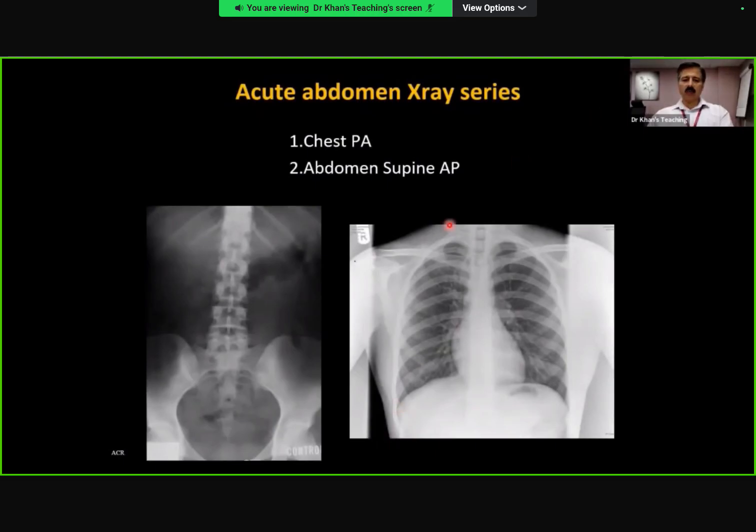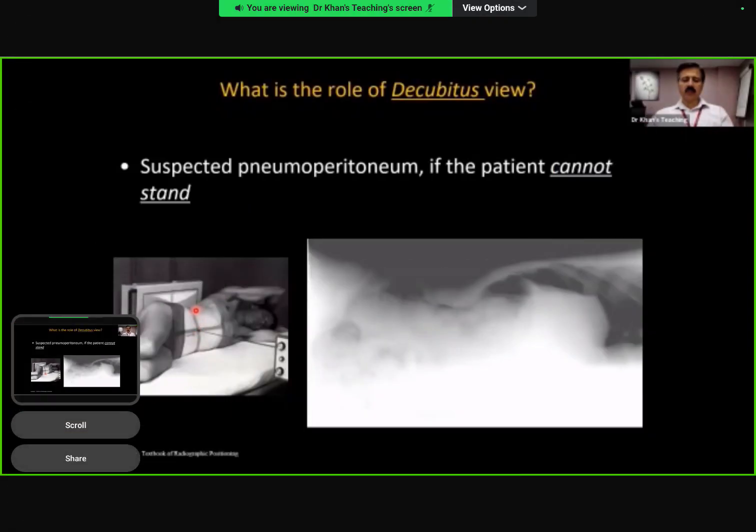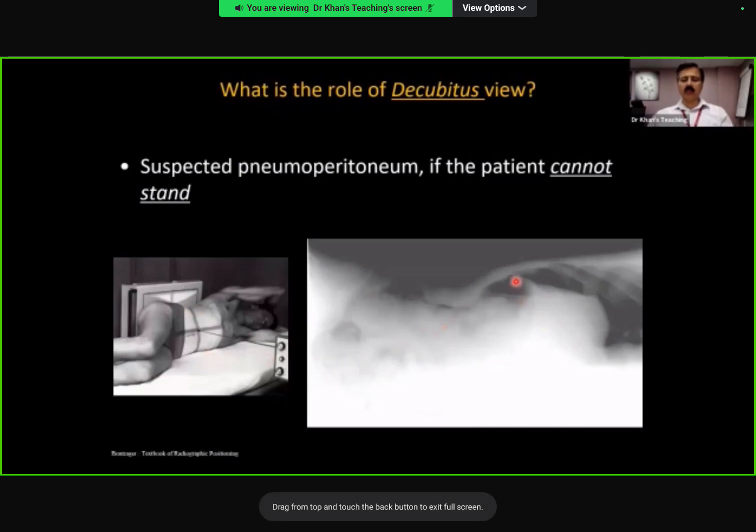So the answer to that is decubitus film. So this is how a decubitus film is taken. The liver has to be upside, so it is a left side down decubitus. And the concept is that the free air will be in between the lateral abdominal wall and the liver.